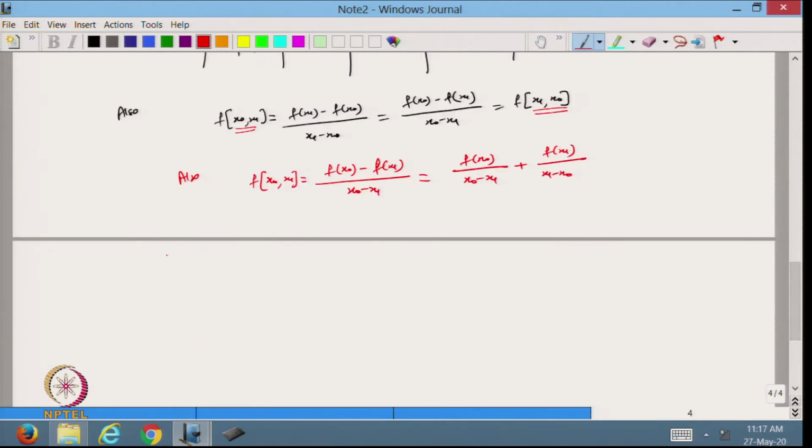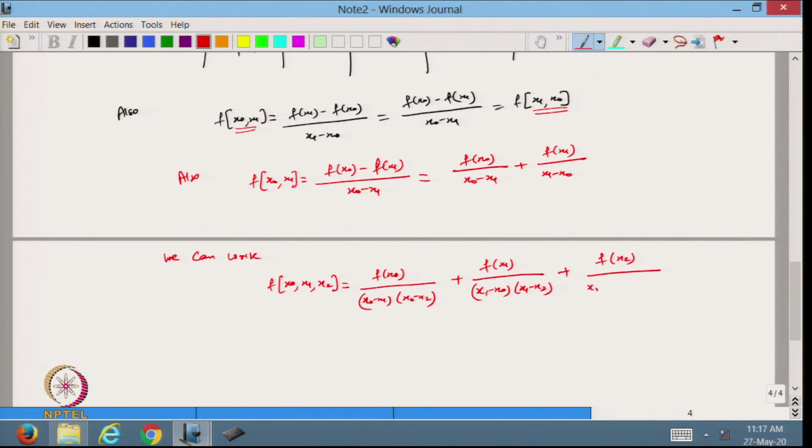So now from here we can write f at x0, x1, x2 directly. This can be written as, first I will write f of x0 divided by x0 minus x1 and x0 minus x2, plus f(x1) divided by x1 minus x0 and x1 minus x2, and in the last one it will be f(x2) divided by x2 minus x0 and x2 minus x1.